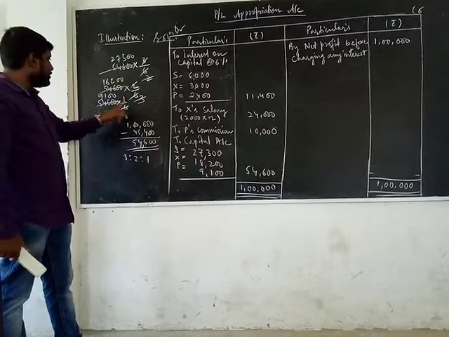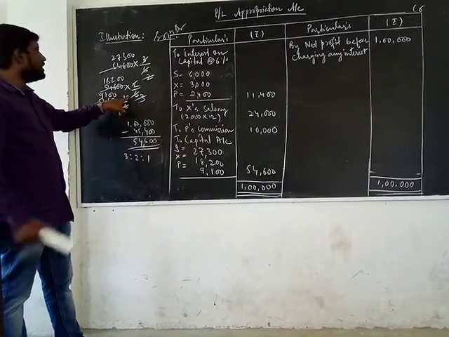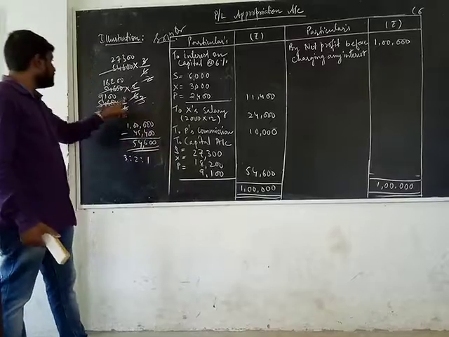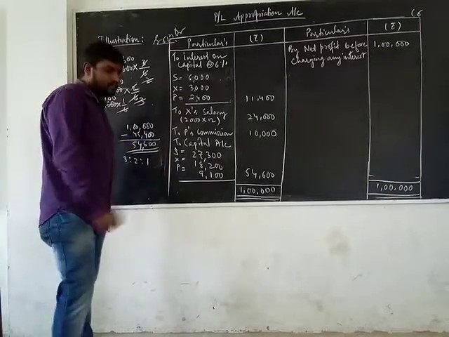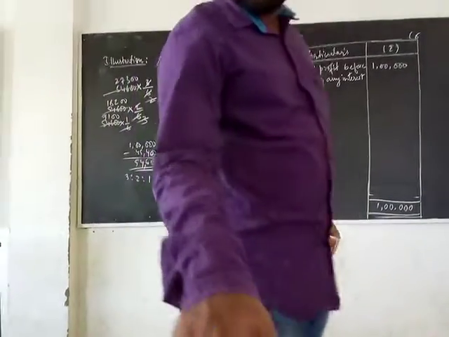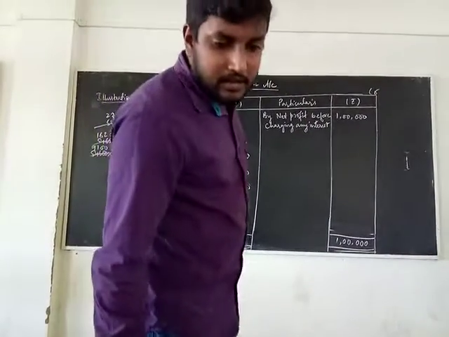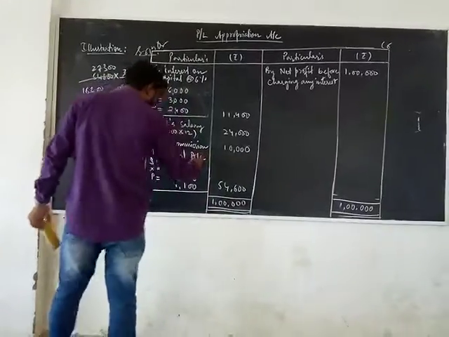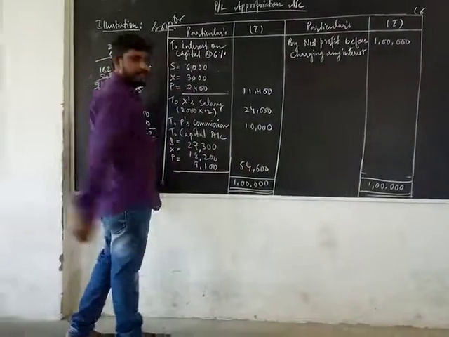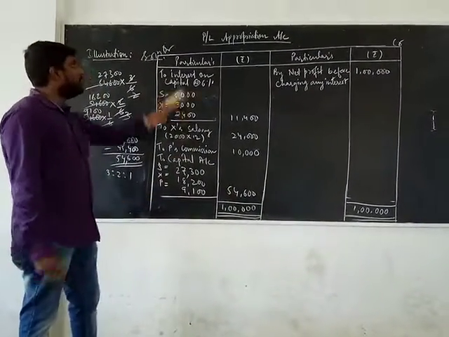And out of 6, 1 was the last partner, P's share, so you will get 9,100. So this is the total figure: 27,300, 18,200 and 9,100. If you add these, you will get this figure. So here is the completion of the P&L appropriation account.